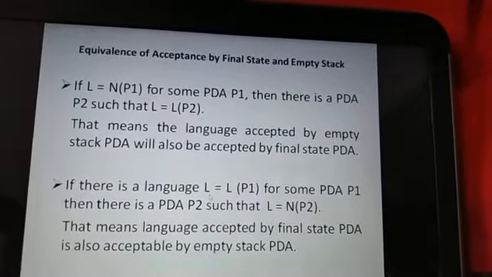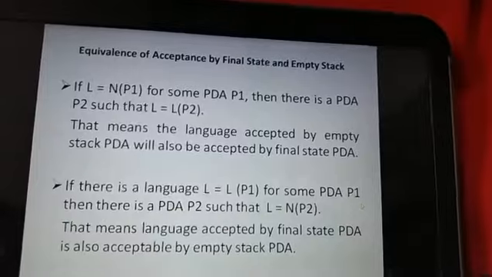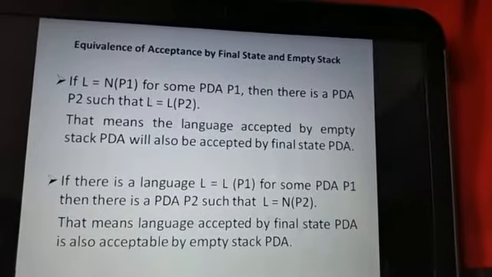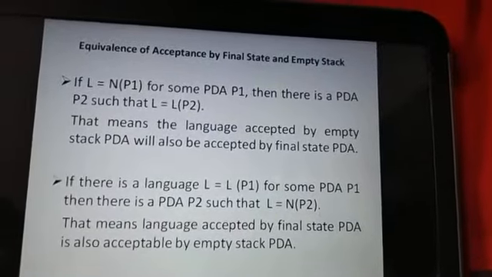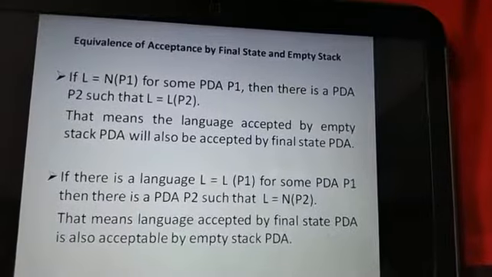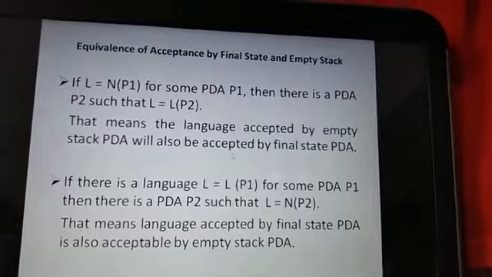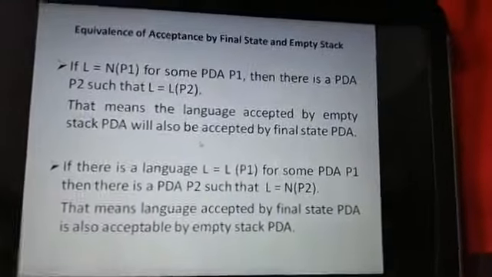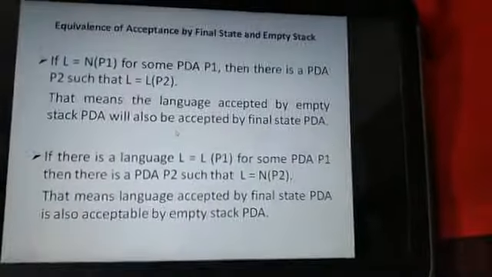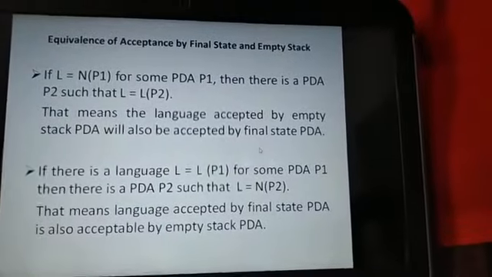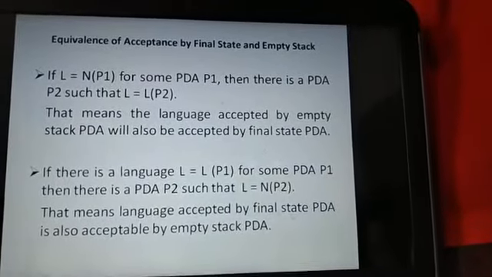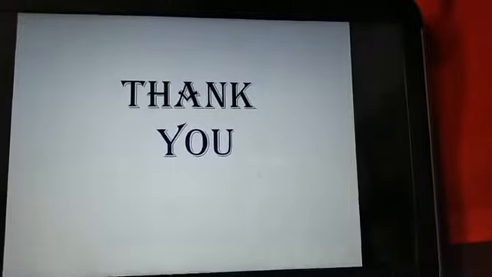If there is a language L equal to L(P1) for some PDA P1, then there is a PDA P2 such that the language is equal to N(P2). That means the language accepted by a final state PDA is also accepted by an empty stack PDA. So the language accepted by a final state PDA is accepted by an empty stack PDA and vice versa. That's all about PDA. Thank you for watching this video.